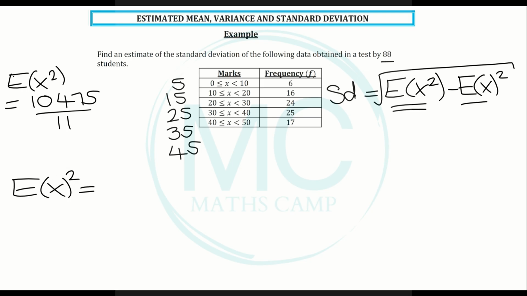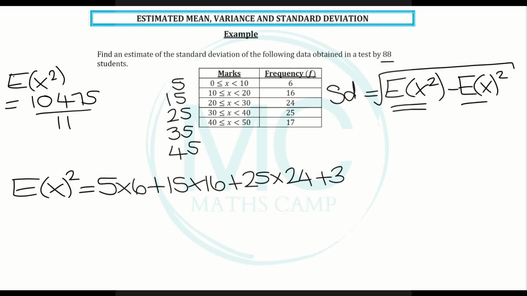Now I can make some space, and I'm going to look for ex squared. To find ex squared, all I need to do is find the estimated mean. So, to find the mean, we multiply every x value by its respective frequency and add them together. So I'm going to have 5 multiplied by 6 plus 15 multiplied by 16 plus 25 multiplied by 24 plus 35 multiplied by 25 plus 45 multiplied by 17.